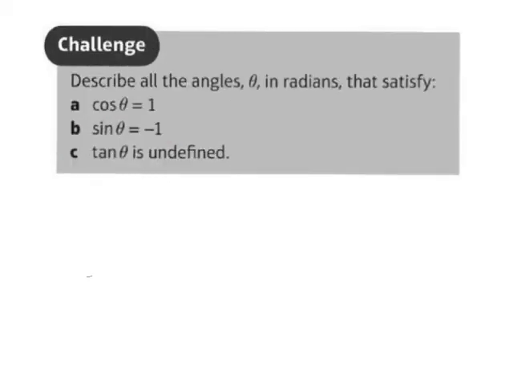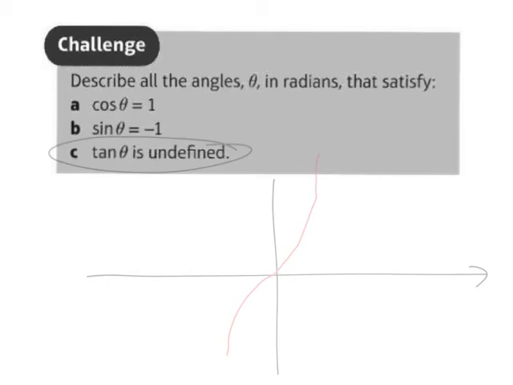Okay, in the tan question, we are going to be looking at the graph of tan, and undefined basically means either infinity or asymptote. That's what you're thinking about. Where are the asymptotes? That's where you're getting the undefined angles. So we take the same approach.